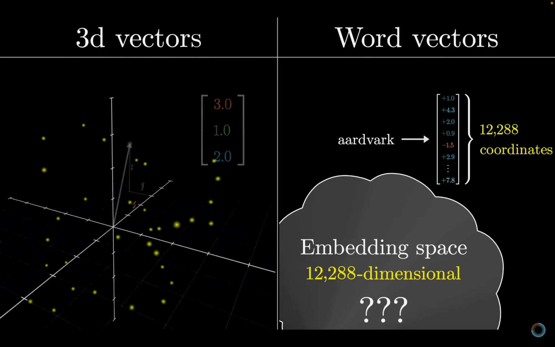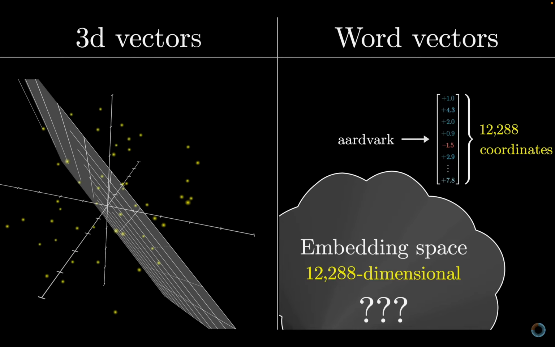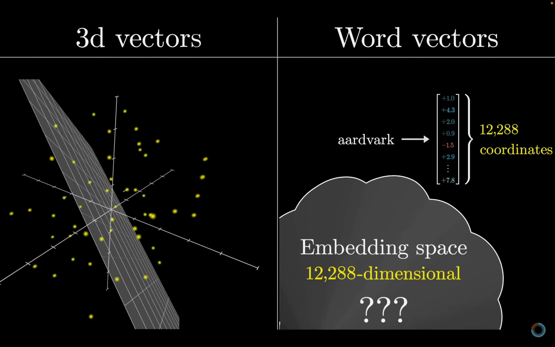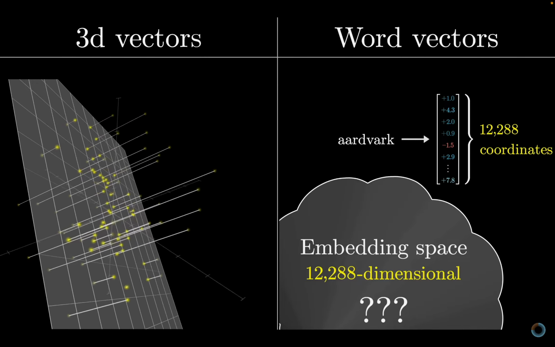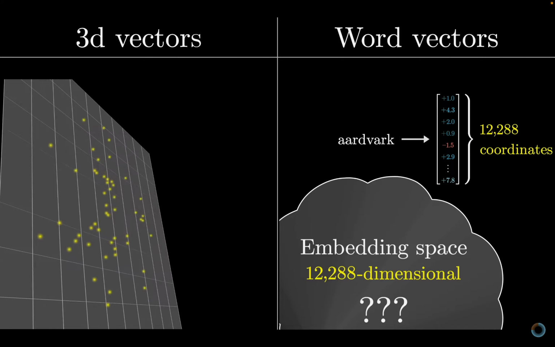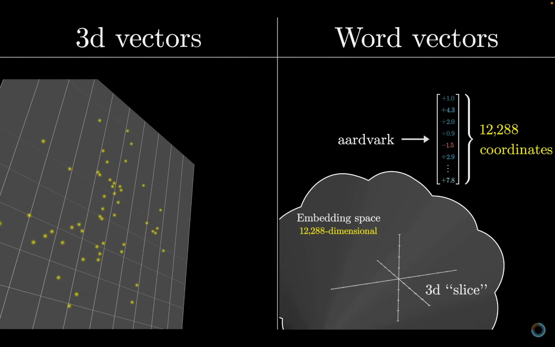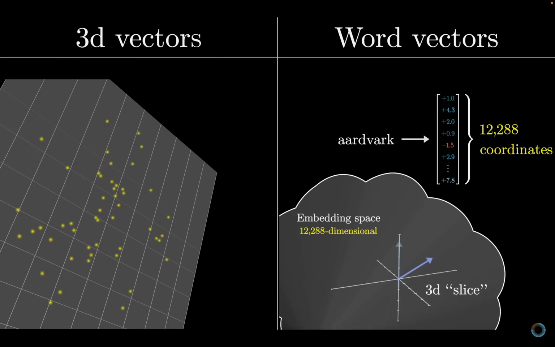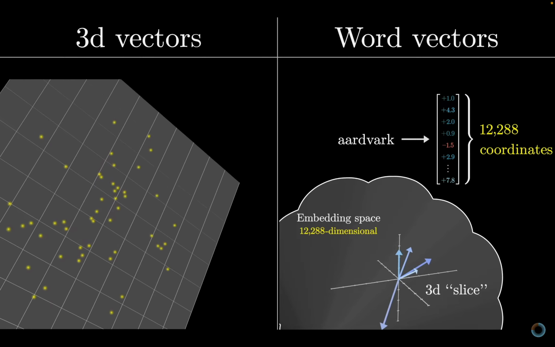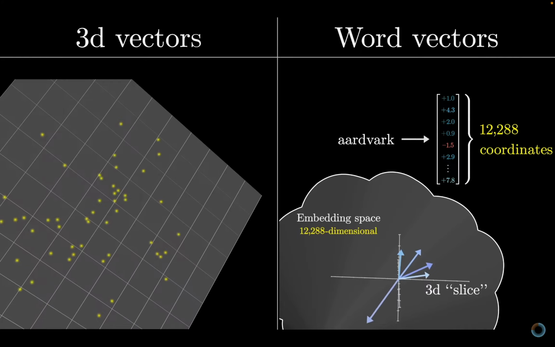In the same way that you could take a 2-dimensional slice through a 3D space and project all the points onto that slice, for the sake of animating word embeddings that a simple model is giving me, I'm going to do an analogous thing by choosing a 3-dimensional slice through this very high-dimensional space and projecting the word vectors down onto that and displaying the results.